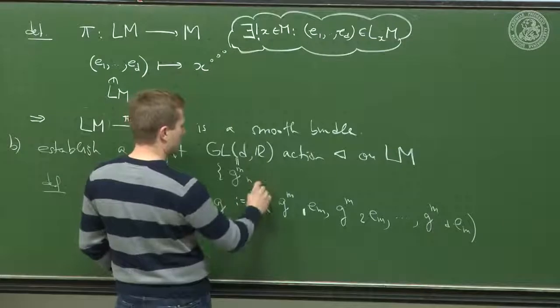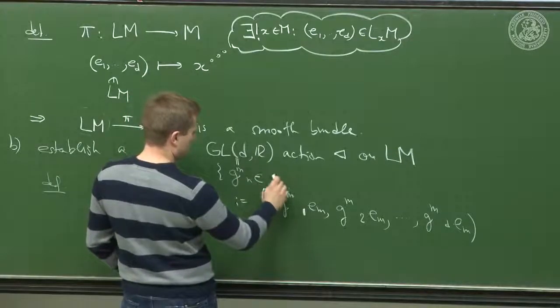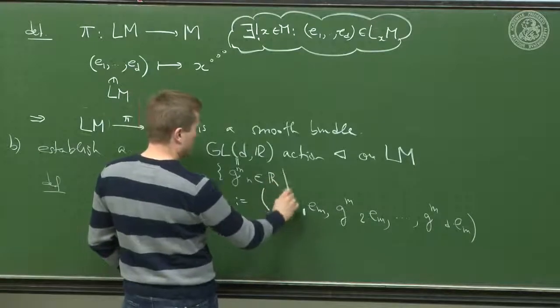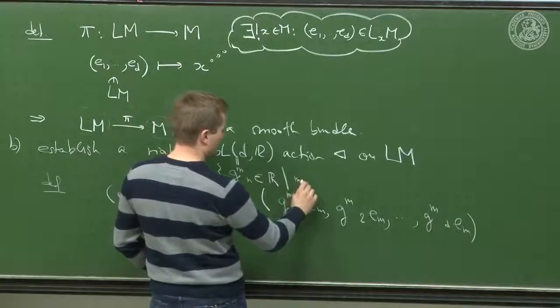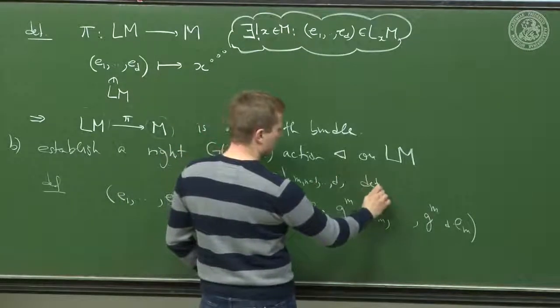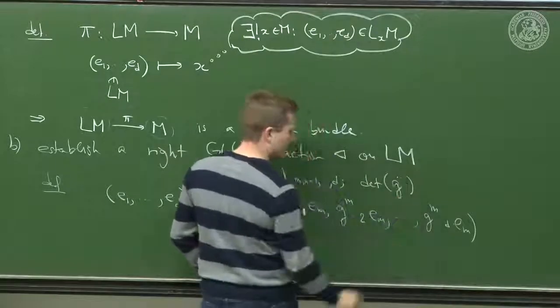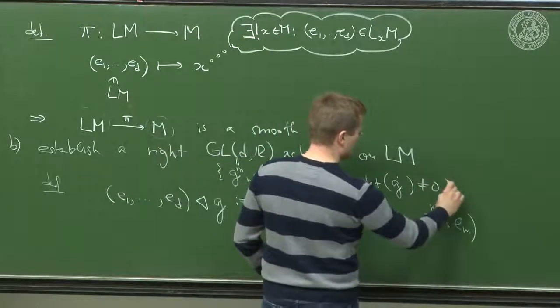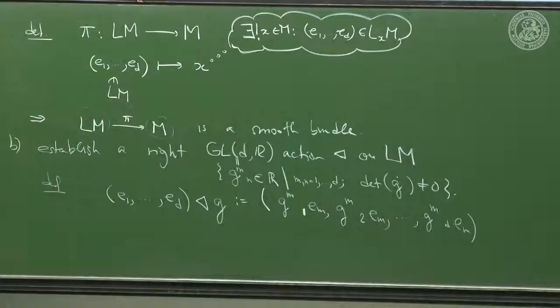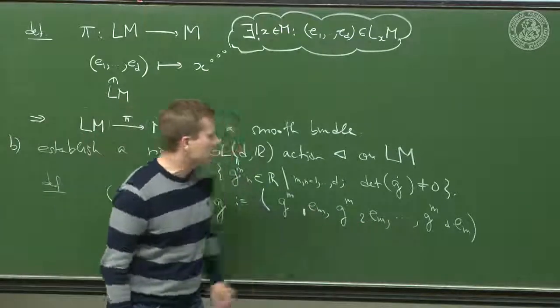So these are all the g^m_n where these entries are in R, m and n run from 1 to D, and the determinant of this g, index up, index down, is non-zero. Well, that's our definition of GL(D,R), and we let it act on this frame in this fashion.